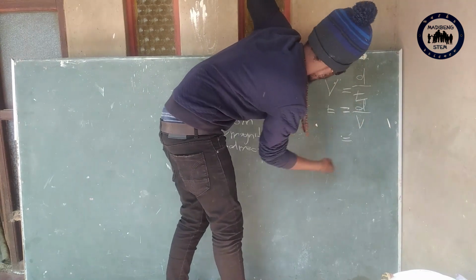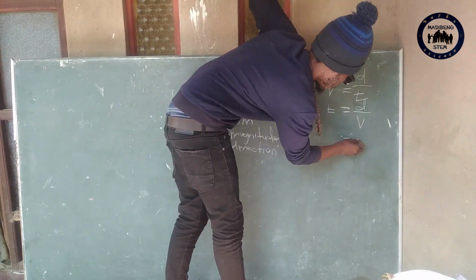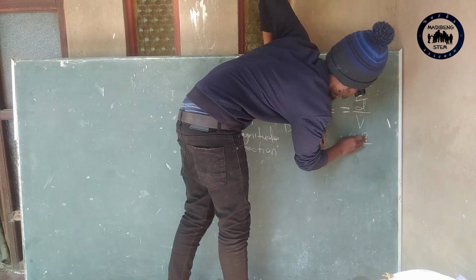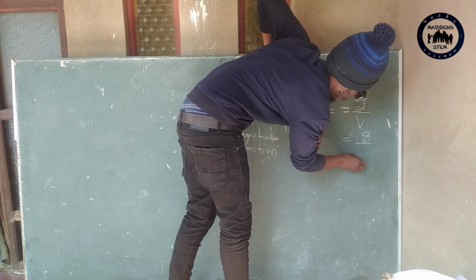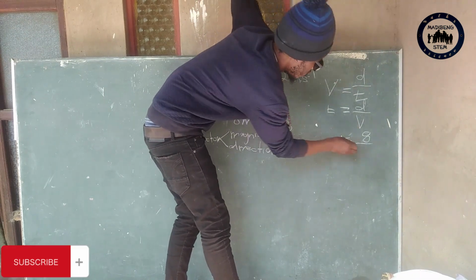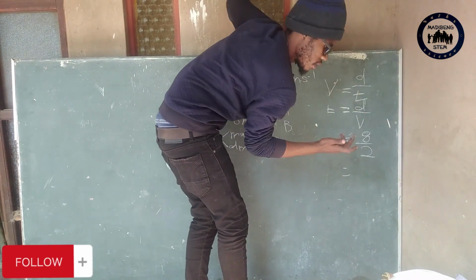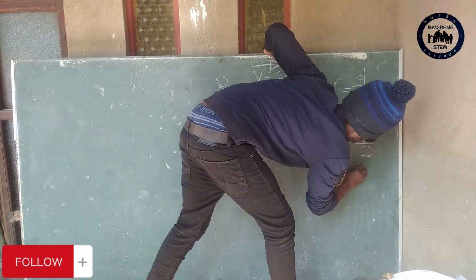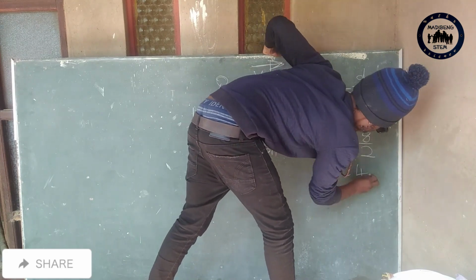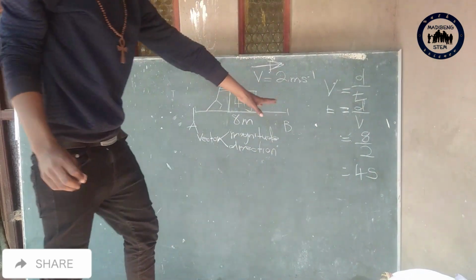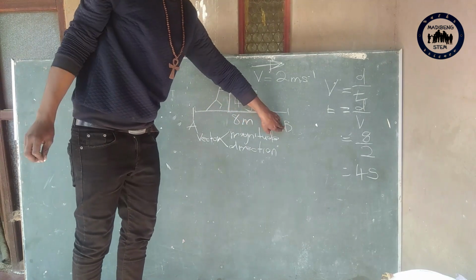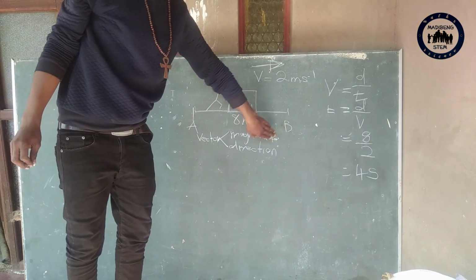So what is our D? It's 8, divided by velocity, which is 2. So 2, 4, 6, 8 is 4. 4 seconds. It took him 4 seconds to reach point B.